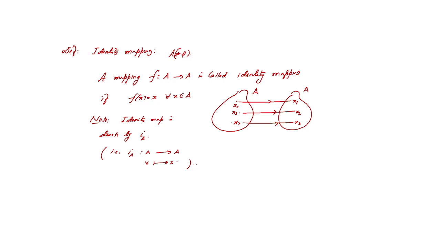Okay. So now we'll give one example. So let f: R to R. So this is our example.